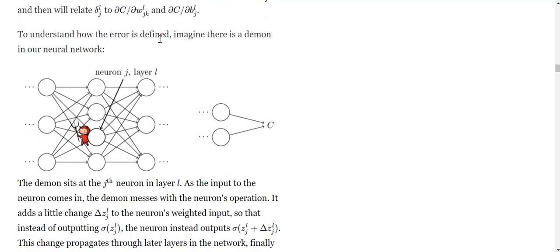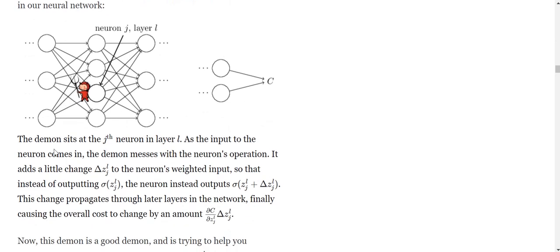To understand how the error is defined, imagine there is a daemon in a neural network. The daemon sits at the jth neuron in layer L. As the input to the neuron comes in, the daemon messes with the neuron's operation. It adds a little change delta z_j^L to the neuron's weighted input, so that instead of outputting the sigmoid of z_j^L, the neuron instead outputs the sigmoid of z_j^L plus delta z_j^L.